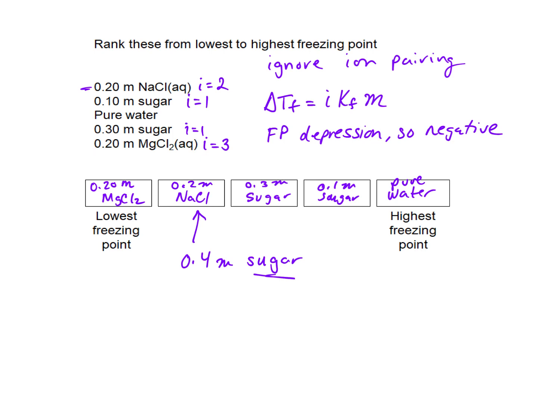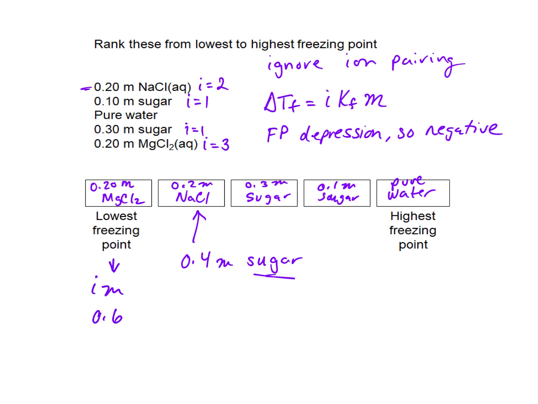So we know that magnesium chloride can have ion pairing, right? Ions are formed in solution, therefore it can have ion pairing. What is the maximum value of i times the molal for the magnesium chloride? 0.6, right? That's the maximum. 0.2 times 3 is 0.6.